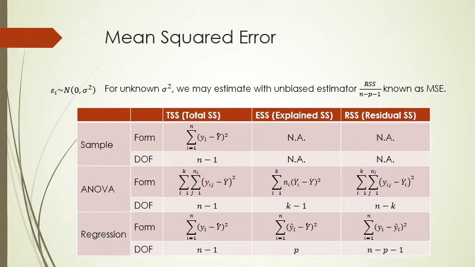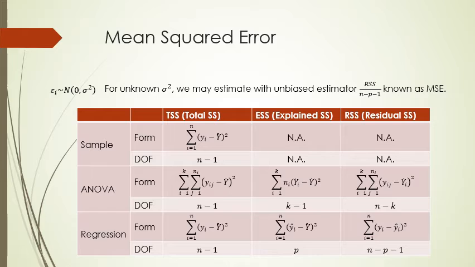The following table connects the sum of squares from a random sample to ANOVA and regression. Here, the total sum of squares is the sum of the explained sum of squares and the residual sum of squares. If we have a sample without any model, then we have the total sum of squares only. As we learned from the sample variance in Lecture 7, the total sum of squares has n-1 degrees of freedom due to the sample mean.